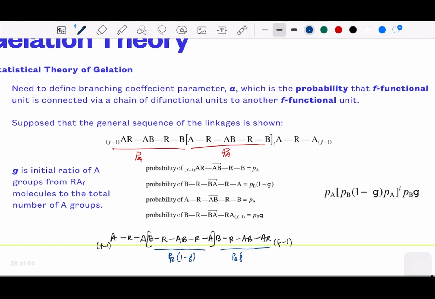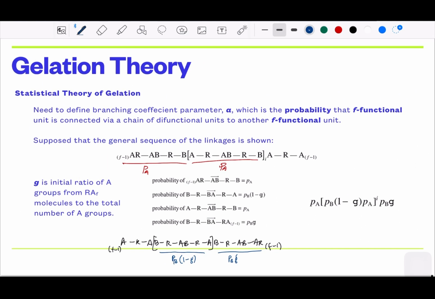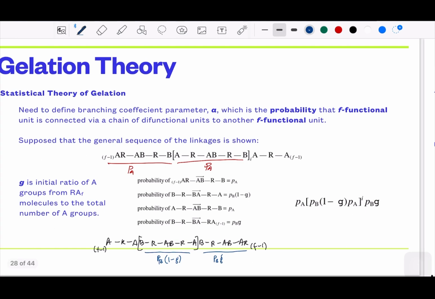Now the total probability is PA multiplied with the PB 1 minus G, and then PA, the PA has repetitions, and then PBG.